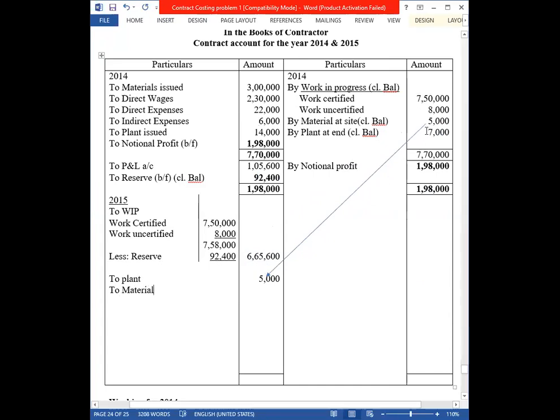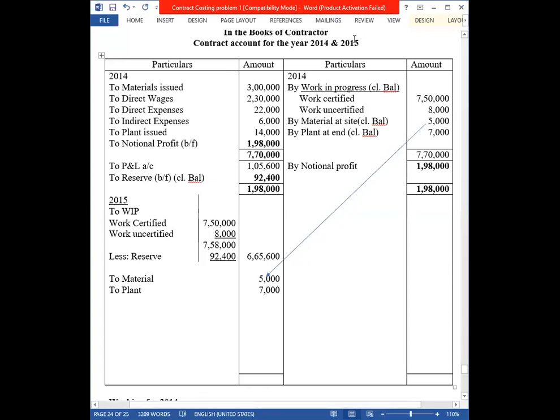So material, what is this? Sorry, plant is not 5,000. This is material. Material is 5,000 and the plant is 7,000. So same way I'm going to transfer plant also, 7,000. This is also from here to here it has come. So all this information you have transferred. So now it is ready for this year's information.